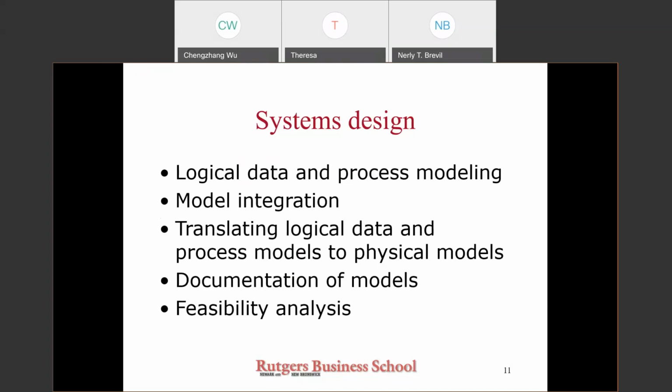Here, the first and second steps comprise logical design, whereas step 3 and step 4 comprise physical design. Well, the last step is simply an ongoing activity that occurs during all phases of the system development lifecycle.